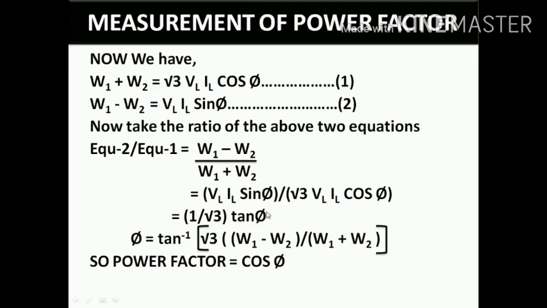So phi is equal to tan inverse of root 3 times W1 minus W2 divided by W1 plus W2. So phi we are getting here. Then the power factor cos phi is equal to the cosine of the phi value that we are getting here.